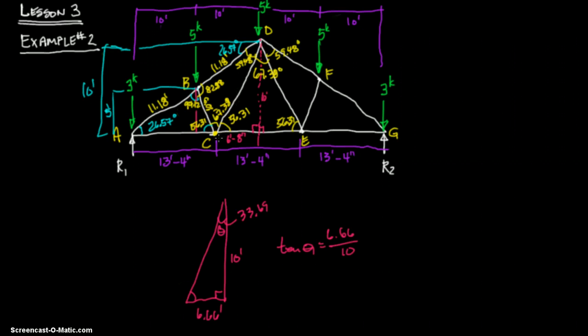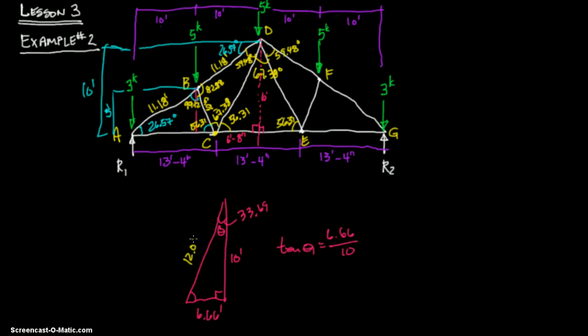And then, what don't we know? We do not know this distance right here. That is the only distance we do not know. And we did not figure that out, so we can easily, by doing the Pythagorean theorem, go 6.6666. I'm just going to do a lot of sixes. It'll be close enough. Squared plus 10 squared equals 144.4 repeating, and the square root of that is 12.02, let's say.